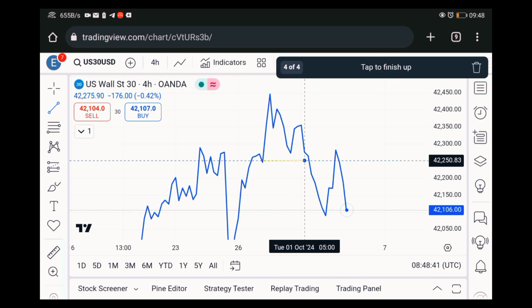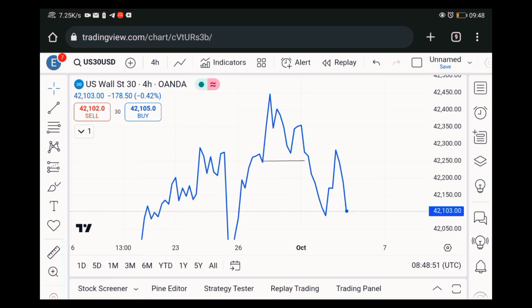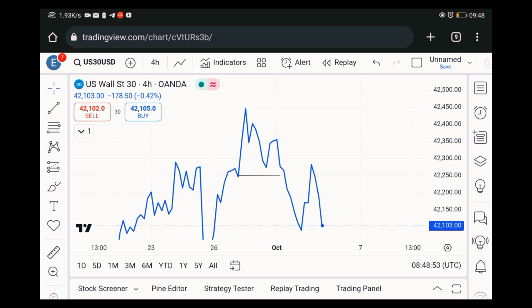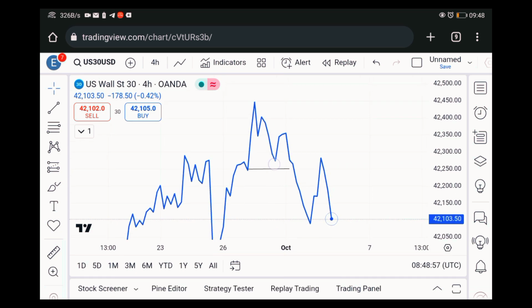Let me make it bold. Yeah, there was a break of structure right there. So after this break of structure, I already know that the market is going to the downside.